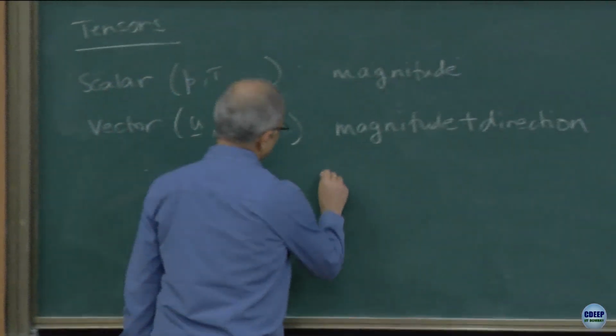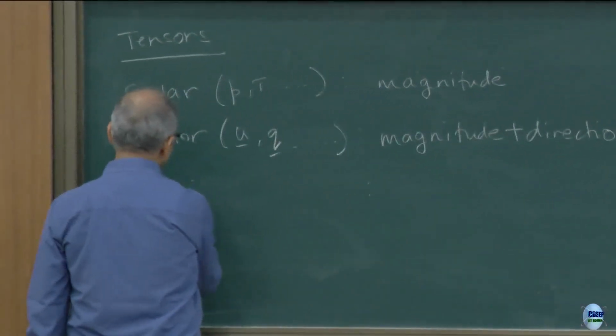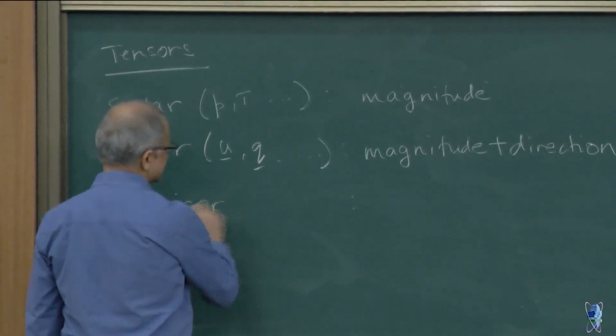Moving down this chart from zero directions to one, two, three directions and so on, always keeping the magnitude as central, this is what we call a second order tensor.